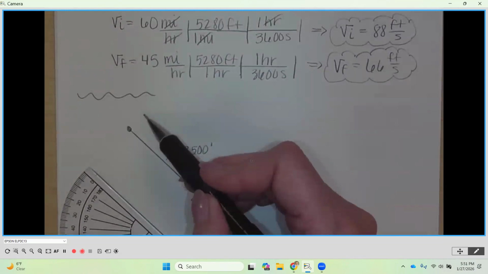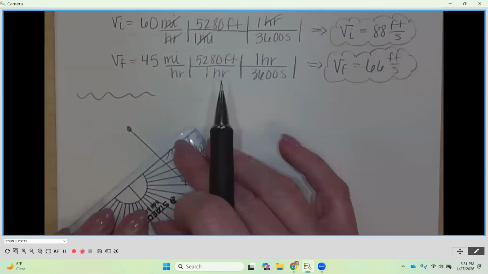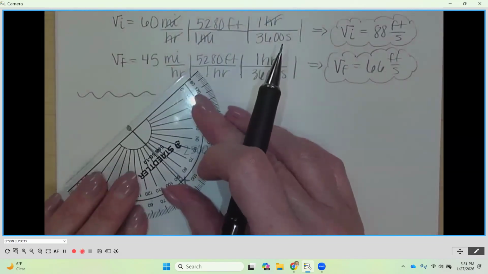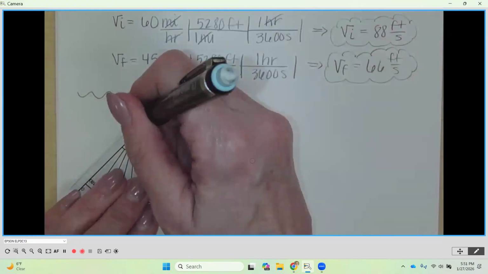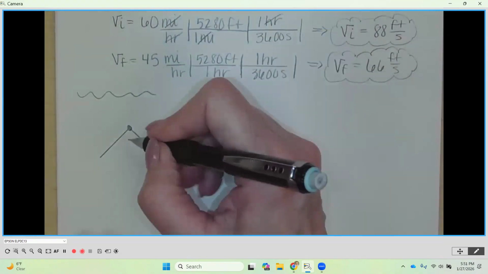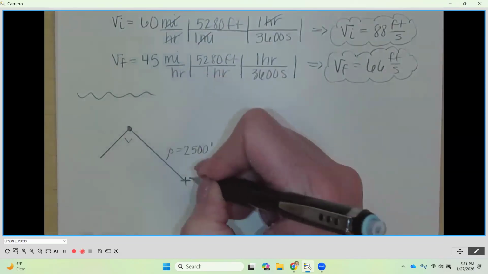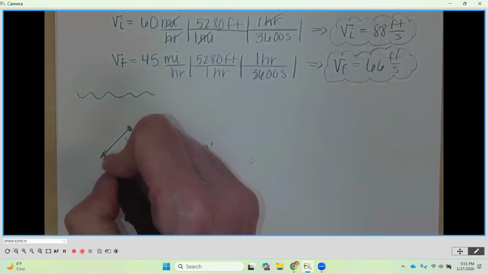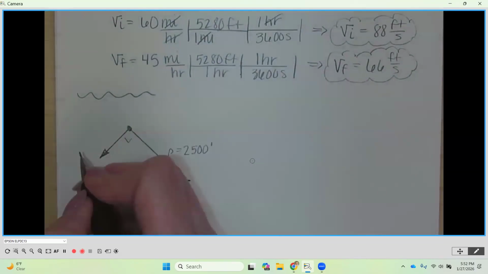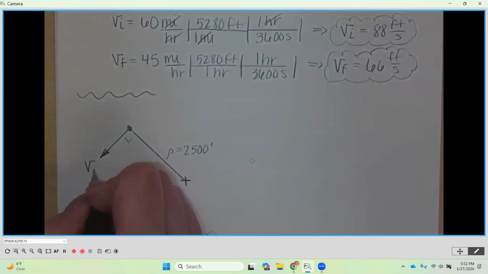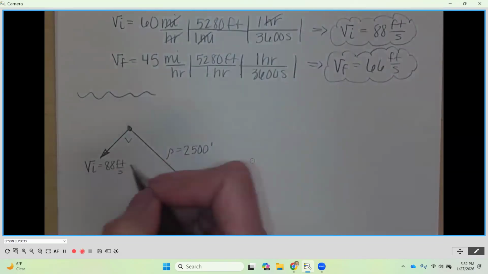Now, as that car is moving along, we know that its velocity is going to be perpendicular to that radius, and it is going down and to the left. Its initial velocity is 88 feet per second.